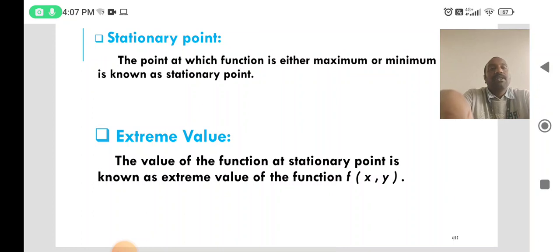That is the extreme value, or local maximum and local minimum, also called local extrema. The minimum and maximum values are both called extreme values.